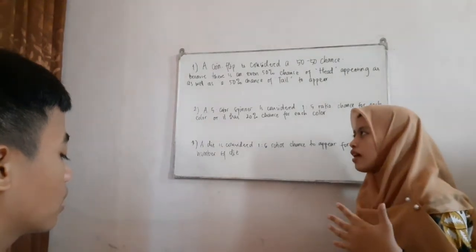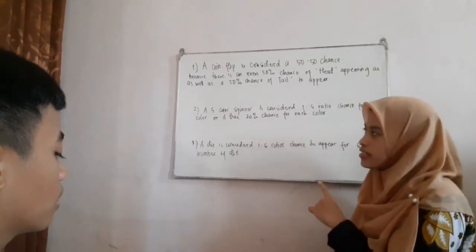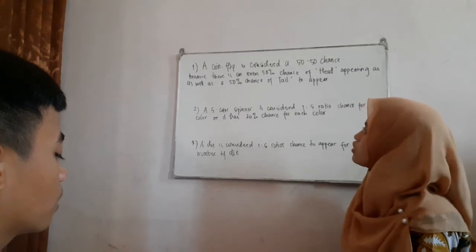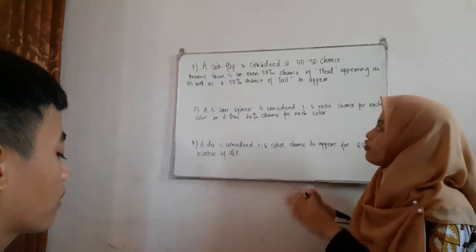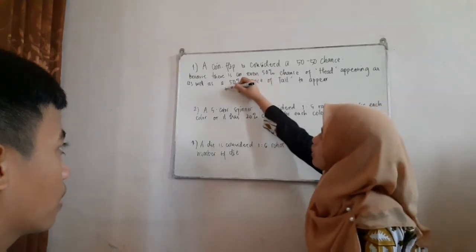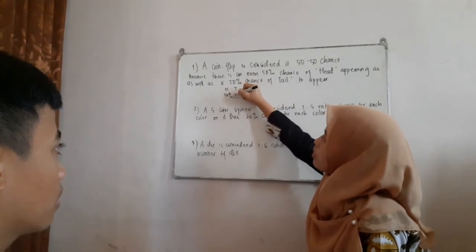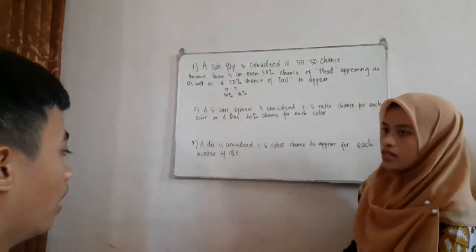To understand about probability, let's examine the first sentence. Here we have the chance of head appearing and tail appearing is 50%. So I can write head, then tail. The chance is 50%, and tail is also 50%.